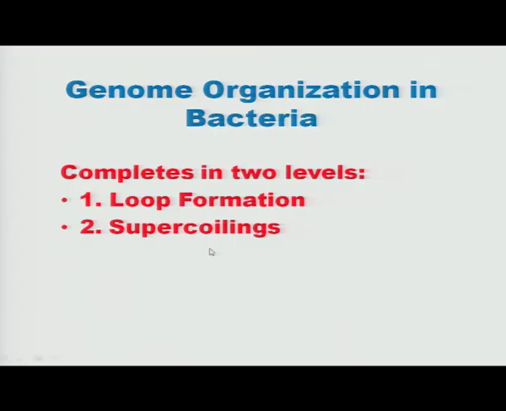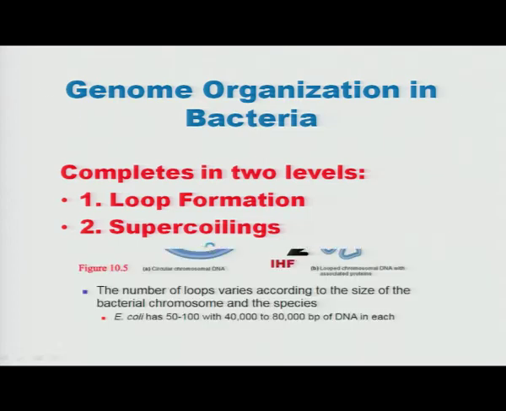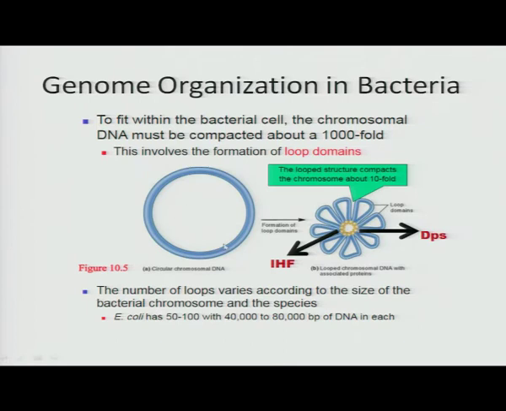Now let us see how the loops are formed. This is a bacterial genome, which is double stranded and circular. As I told you earlier, the bacterial genome has to be folded 1000 times so that it can be incorporated into the bacterial cell.